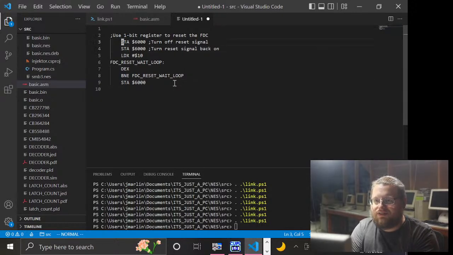So it's just the same thing, but I got to remove some instructions. That's fun. And that should be that, I think.